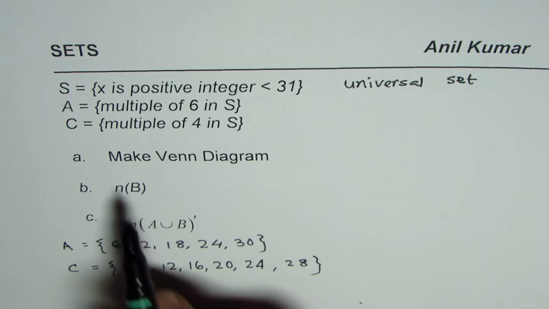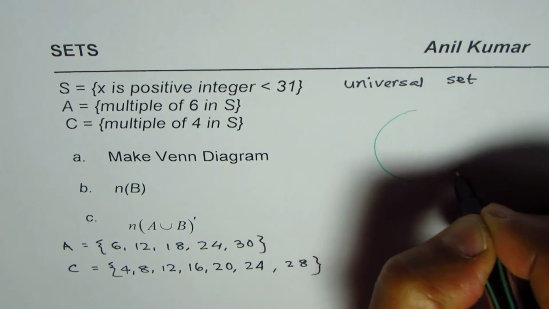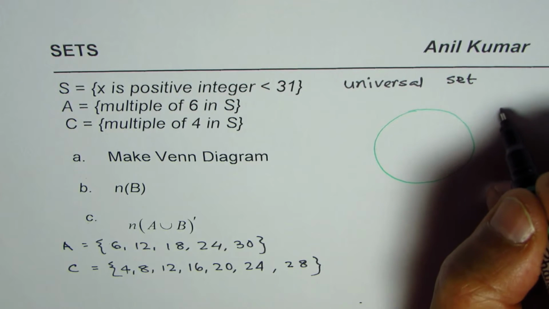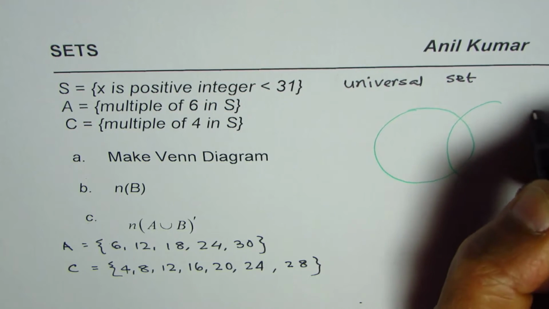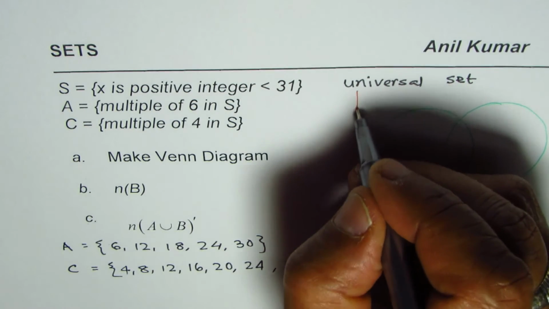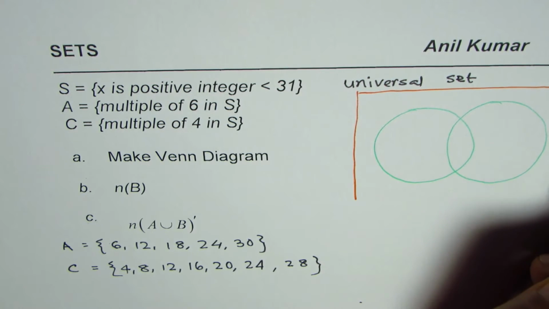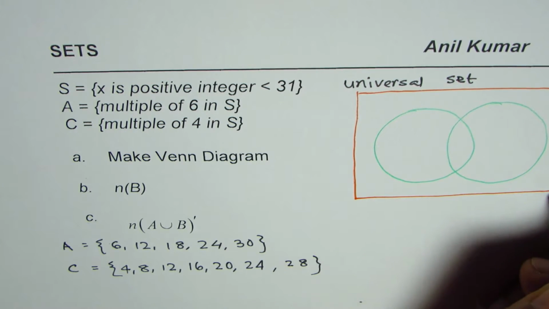So we'll make a Venn diagram. That is the first part. Let's make two circles, one for set A, the other one for set C. It is very important to enclose them in a rectangle, correct? So that you can say what the universal set is.